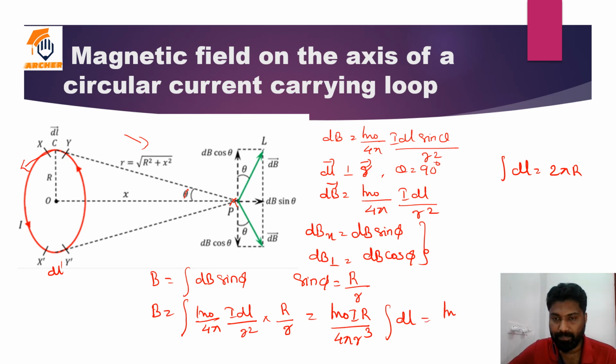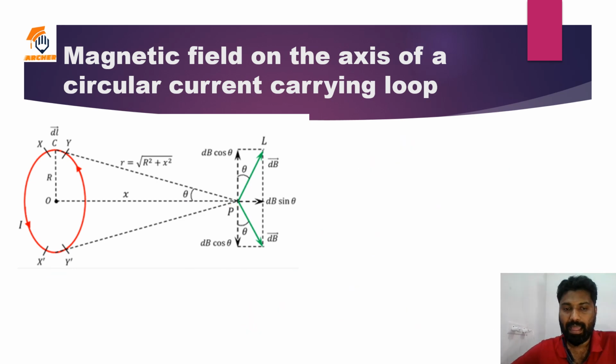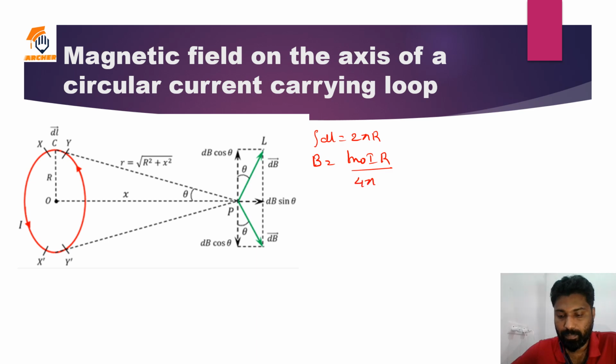After substituting the integral of dl equal to 2 pi capital R, B will become mu 0 I R divided by 4 pi r cube, into 2 pi capital R. Here we will get B is equal to mu 0 I R square divided by 2 into, what is r here?